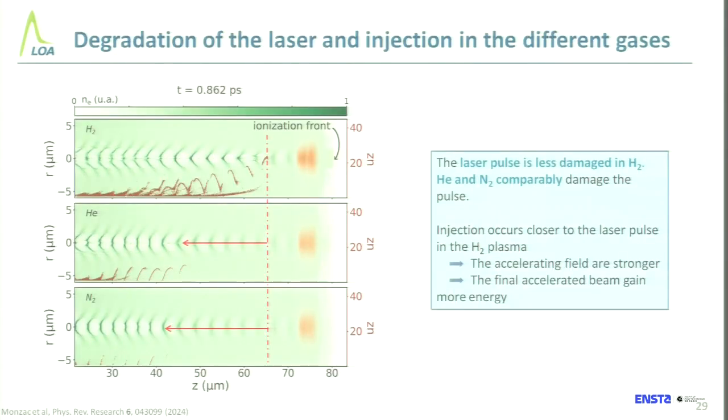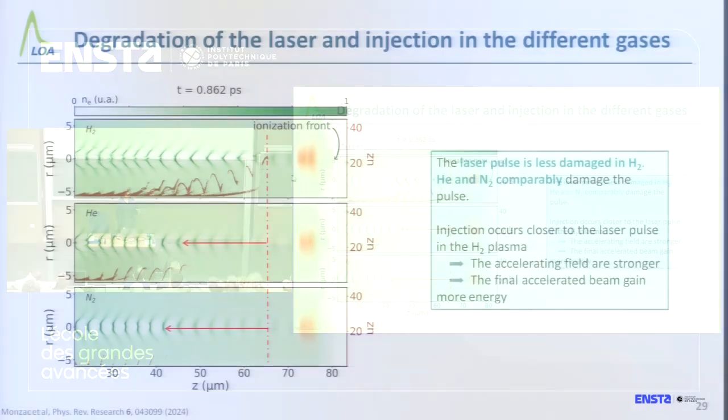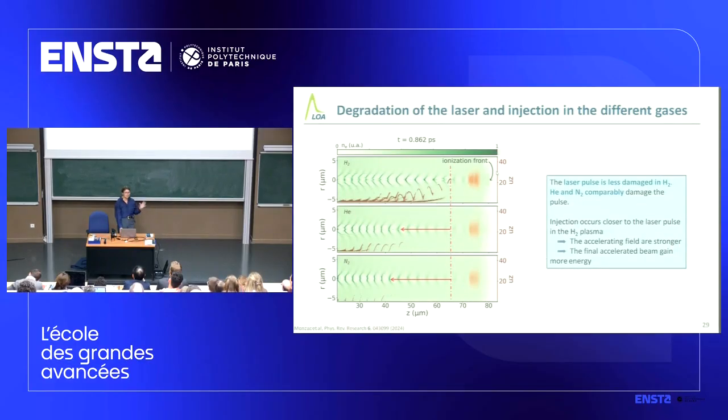We can also have a look at the wake field during the simulation. So this is a wake field picture at the same instant as the spectrum I just showed you. First line for the wake field in hydrogen, then in helium, and finally in nitrogen. In orange, you have the laser pulse intensity. In green, it's the electronic density distribution.